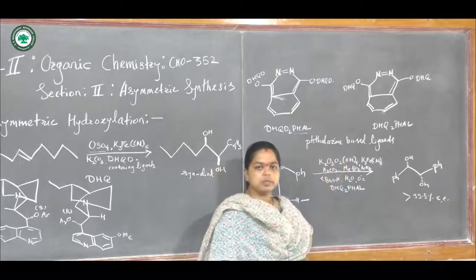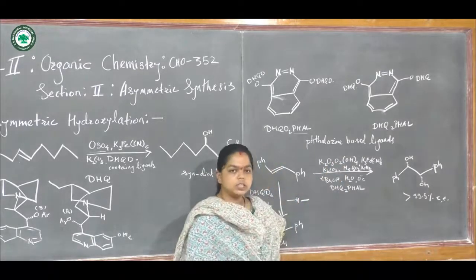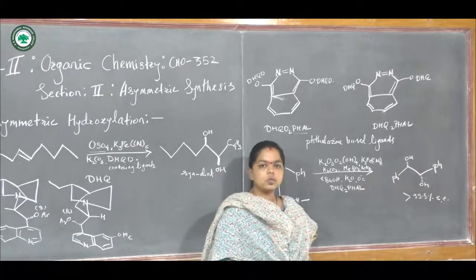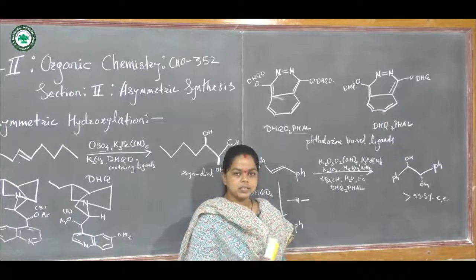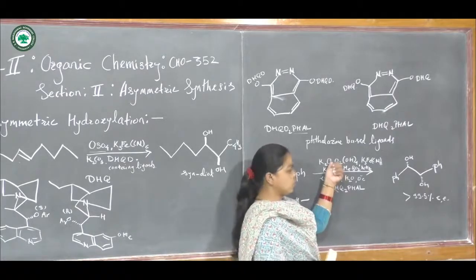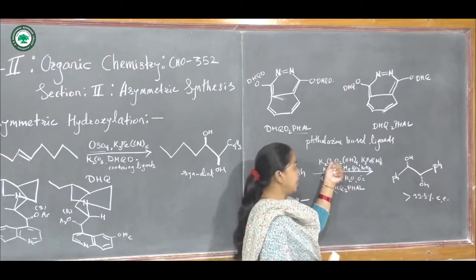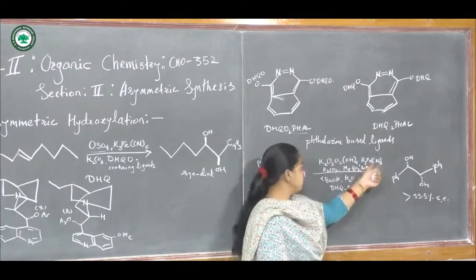Instead of osmium tetroxide, we have used this complex because osmium tetroxide is volatile and is found to be toxic. So we can replace osmium tetroxide by another compound of osmium, and it is used along with the oxidant potassium ferricyanide.